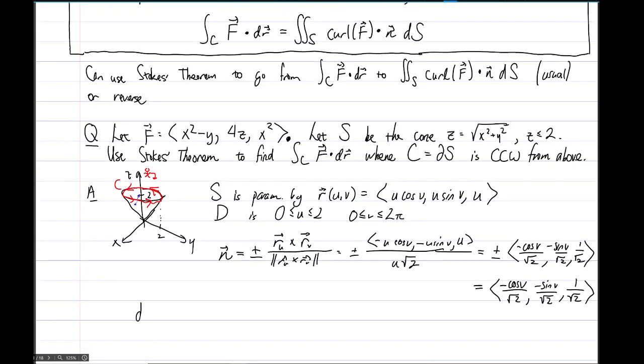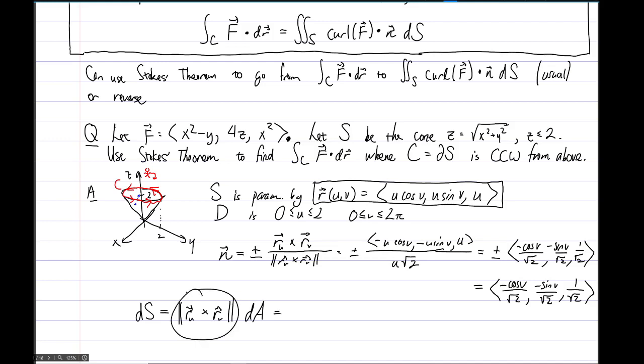Let's go ahead and compute dS the way we normally would. For a surface given by parametrization, recall that dS is the magnitude of the cross product of partial derivatives, r sub u cross r sub v, times dA. We already worked this out because it's in the denominator right here, so we get to recopy this u root 2.